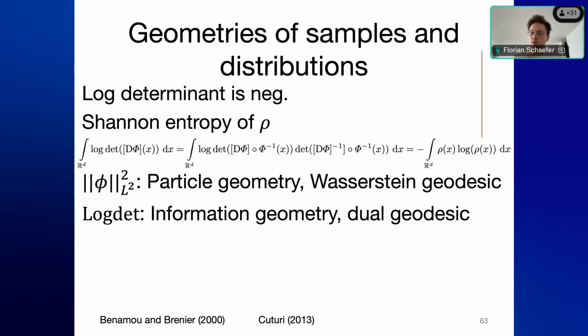So if you look at an L2 geodesic in diffeomorphisms and you look at the push forward of a density under them, then this is going to give you a Wasserstein geodesic in the space of densities. And so you can view this as a way in which we take this Wasserstein geometry and regularize it with the geometry induced by the Shannon entropy and therefore by the Kullback-Leibler divergence.